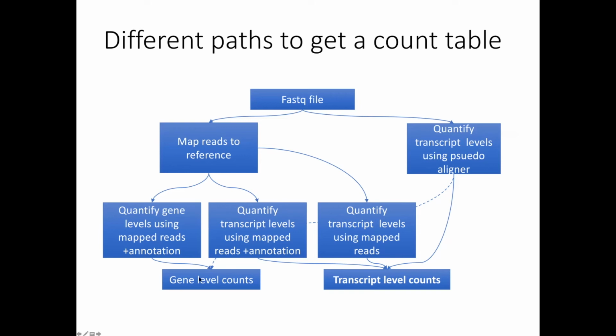In the end, you're ending up with either gene level counts or transcript level counts. And all the analysis that we are going to do during the rest of the week is gene level count analysis. We're not going to focus on transcript level analysis, because it's another level of complication.